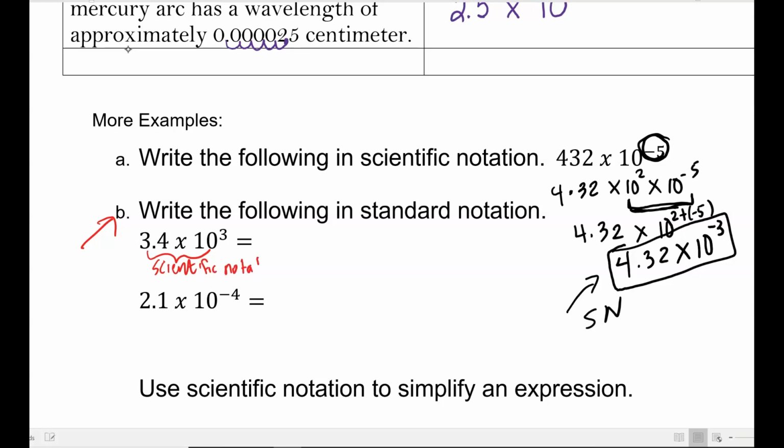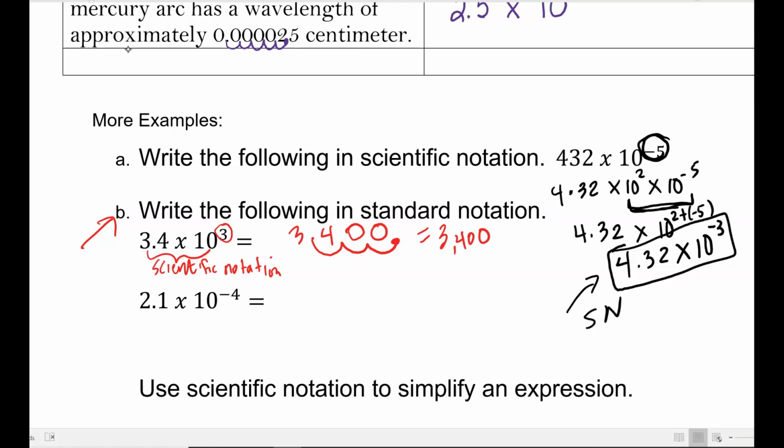So since we have a positive exponent, I know that this number is supposed to be a number greater than 10. So we can move that decimal 3 places to the right. 1, 2, 3. And what we're going to do is just add some zeros here. So what we have is 3,400, right?